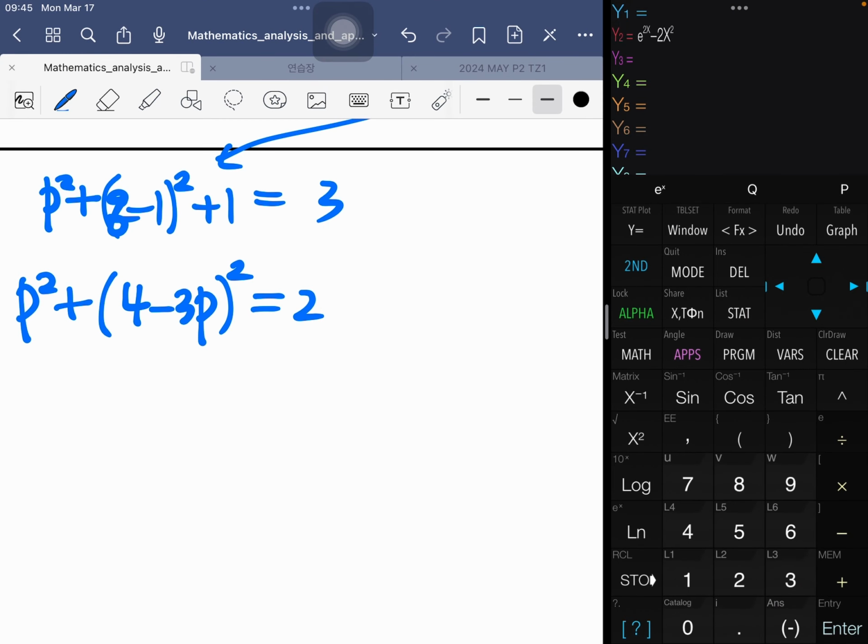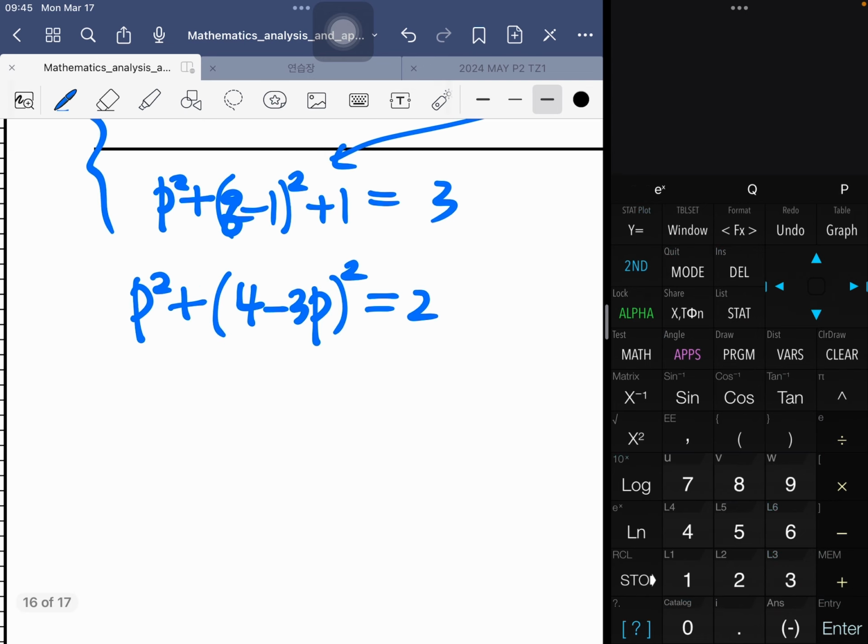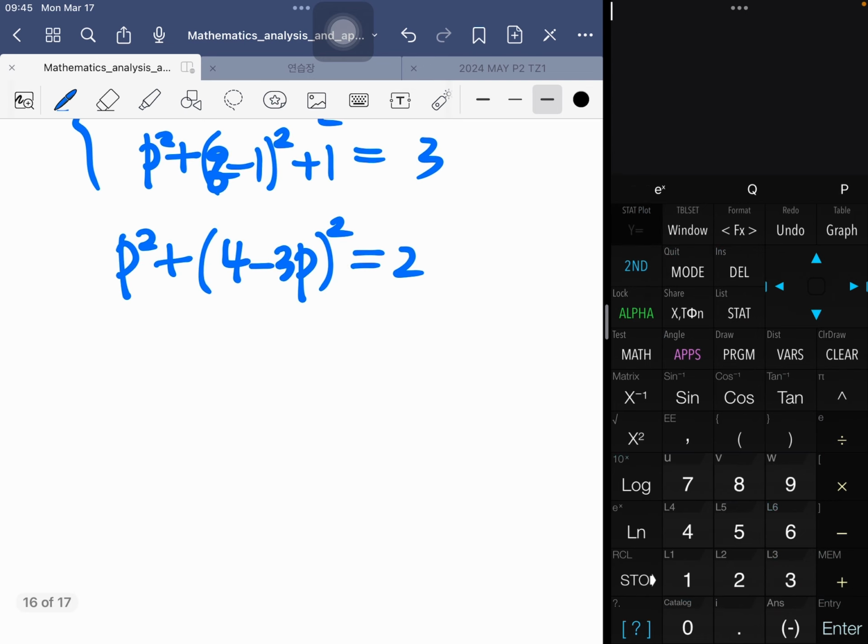Close and delete it, quit, and clear everything. Let me go to y2, and then x squared plus (4 minus 3x) squared minus 2.